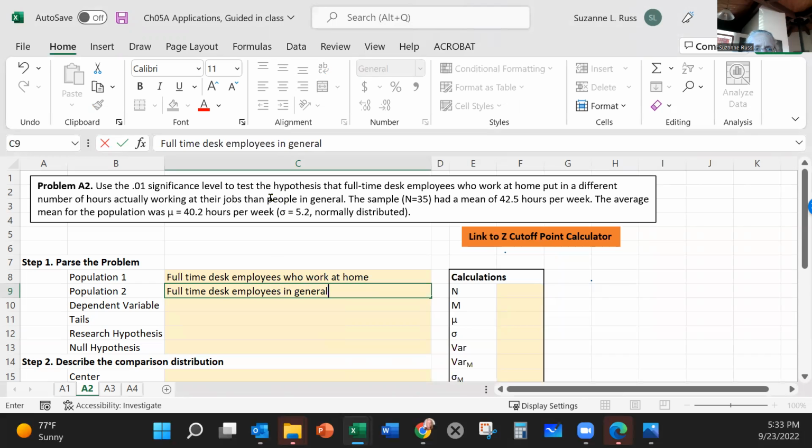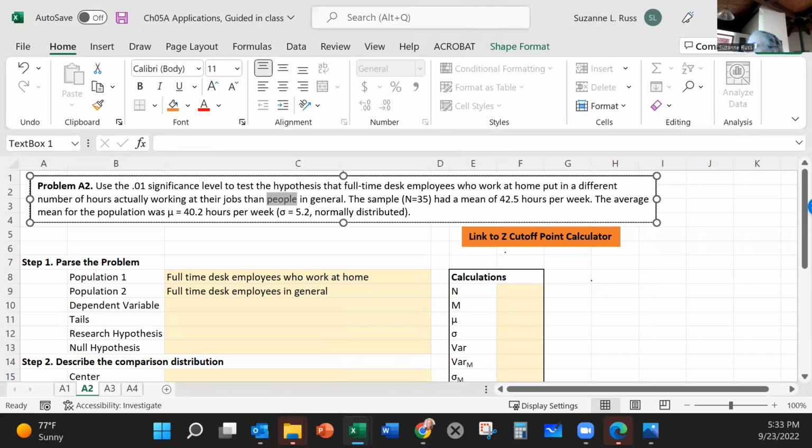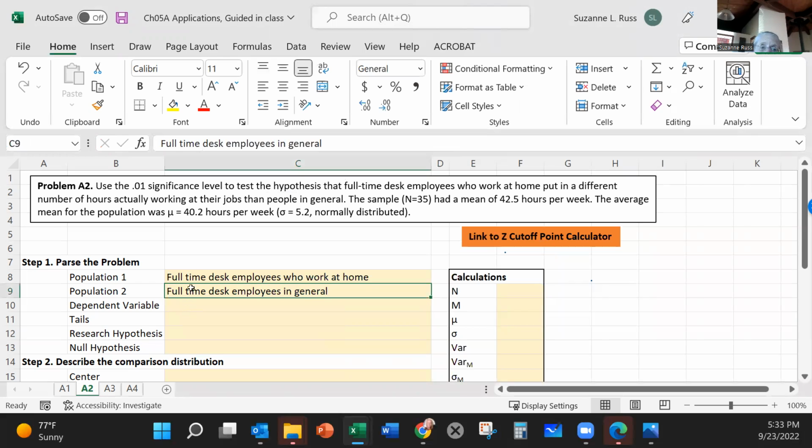It states up here people, but I know that we're talking about the same type of person. So I'm going to state this more clearly. We're comparing full-time desk employees who work at home with those in general. We only want one difference between the groups. And I know that's what this problem is intended to say.